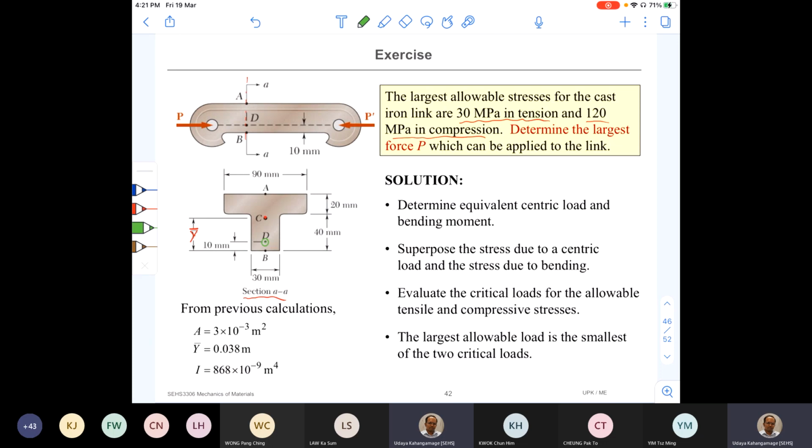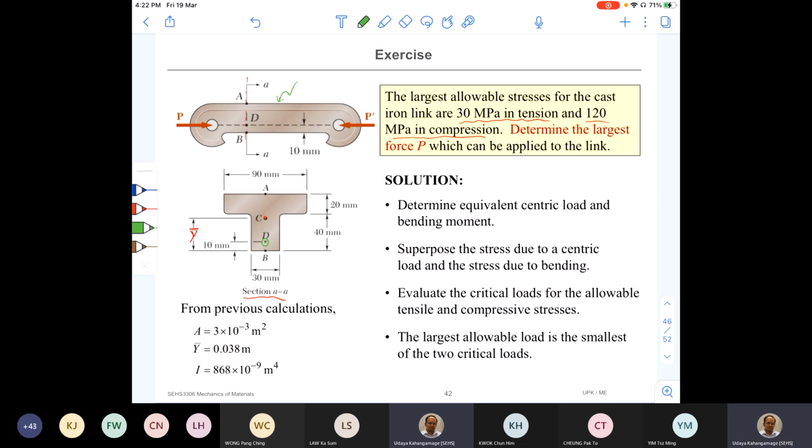Okay, right. So now, because of that, what is going to happen? This link is going to bend. So can you visualize how it is going to bend? If the middle portion is going to bend, then on the top, what kind of stress is going to be generated? Is it tension or compression?